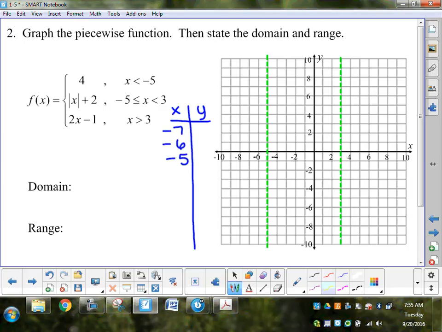What is the output at -7? Peyton, what do you say? Which piece would you be using if your input is -7? The first, second, or third? No? Because that tells you that you use this when the x's are bigger than 3.